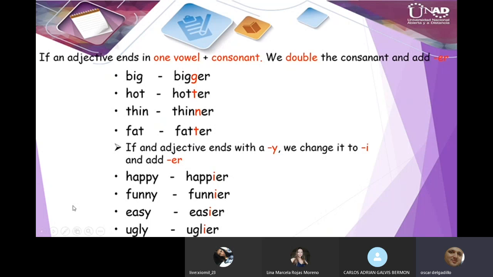Do you understand this part of comparative adjectives? Yes, teacher, I understand. We are going to have some activities in order to apply this information.